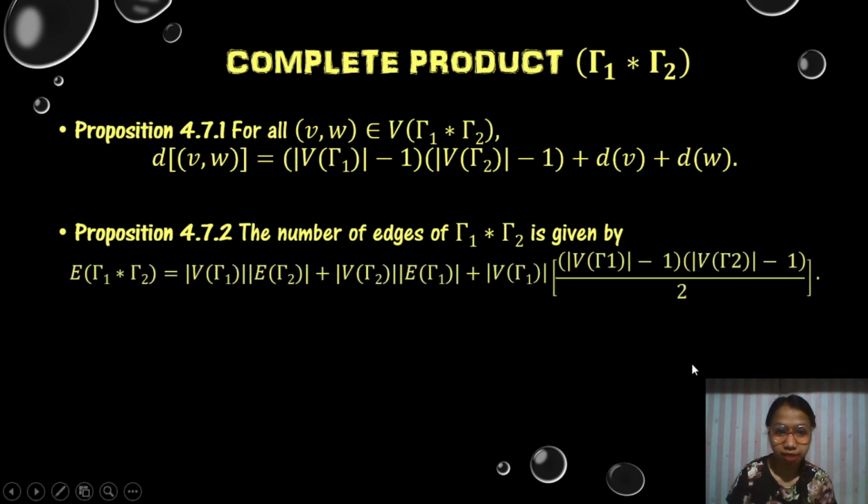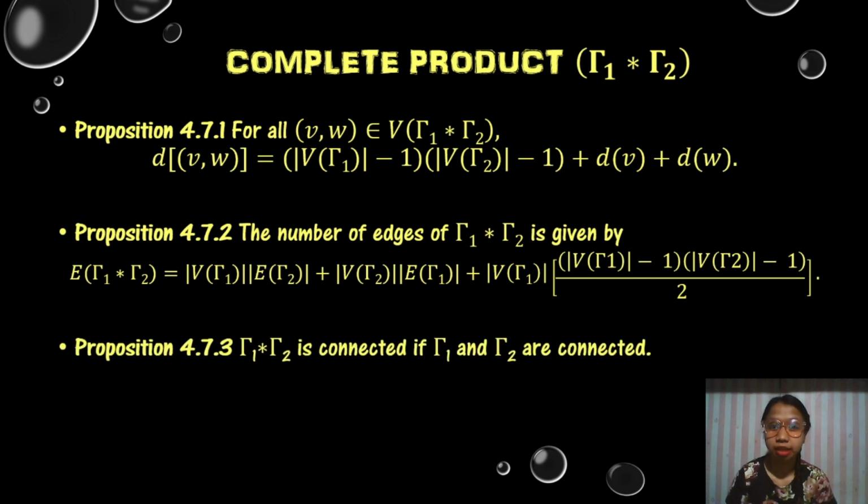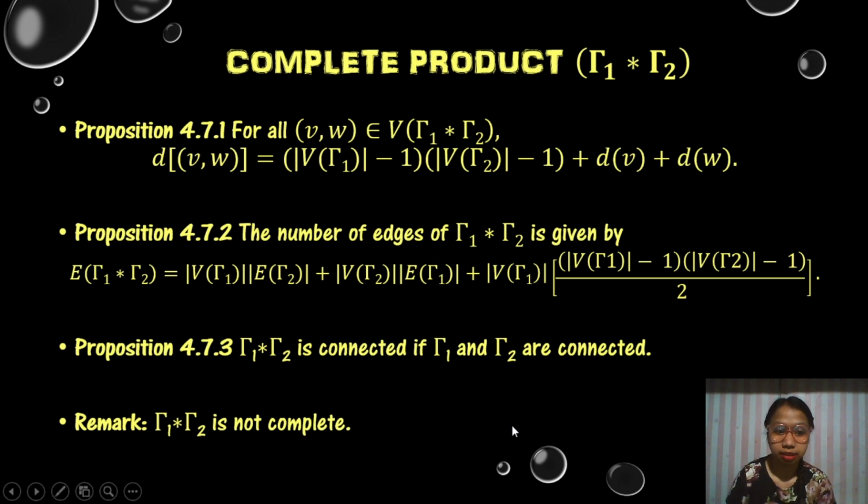And the number of edges is given by this long expression here, where V of gamma sub 1 is just the number of vertices in the first graph, while this is the number of edges in the second graph, and so on. Another proposition that we've proved is that the complete product of the commuting graphs of symmetric groups is connected if both the first and the second commuting graphs are connected. And also, the complete product, though it is called the complete product of two commuting graphs, is not complete.